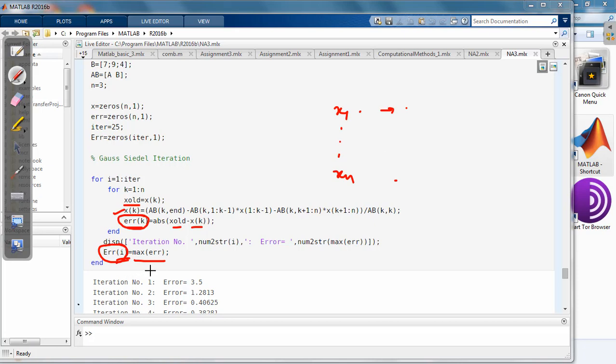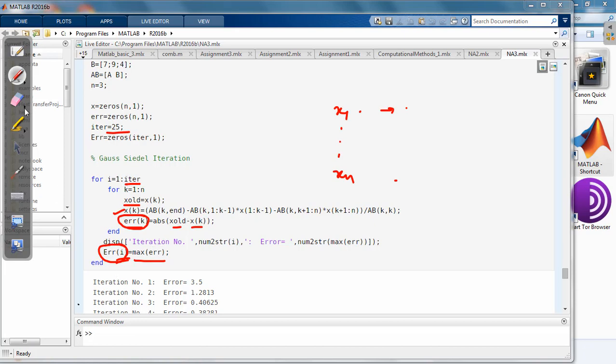Once that is done, the same procedure goes for the second iteration, third iteration, in this way, and we can put a limit on the iterations. Here I have given that limit as iter equal to 25, so it is going to do the calculations for 25 iterations.